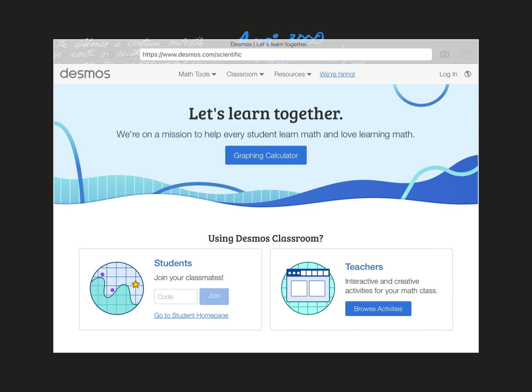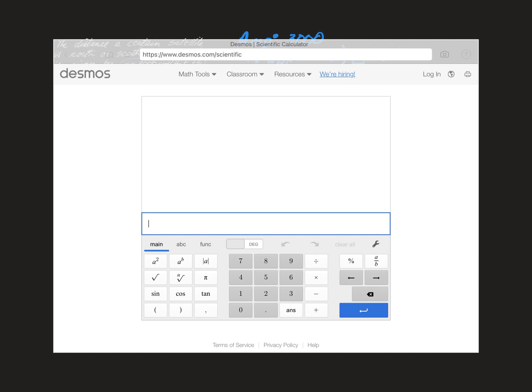Let's see, let's grab the scientific calculator, and we'd enter 3,000 cosine of pi divided by 60, and then we would multiply that by 24.